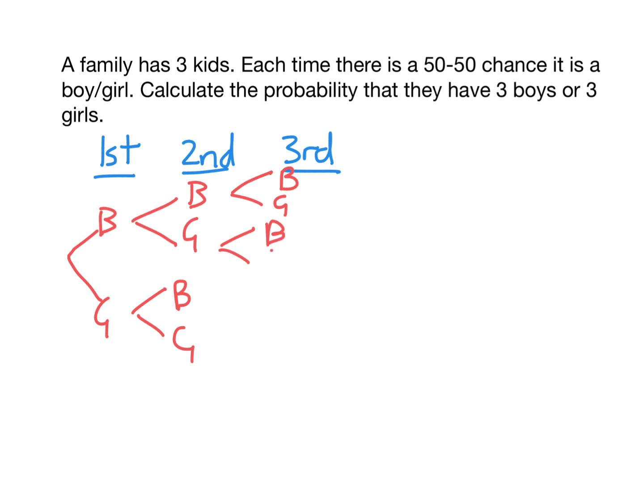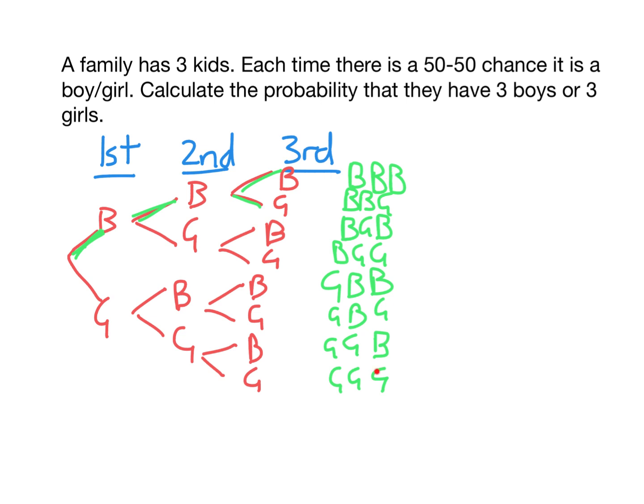The whole point of tables and tree diagrams is simply to list all of the possible outcomes. To find the possible outcomes, we just go across the branches. So the first possible outcome here is B, B, B. We also have boy, boy, girl. And we keep going in this way until we've listed all the outcomes.